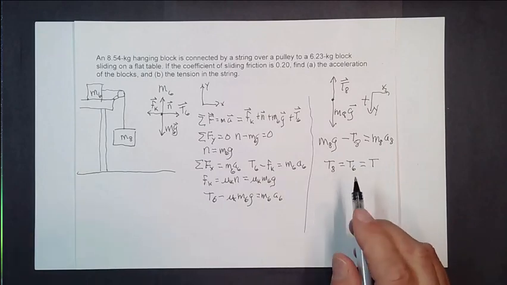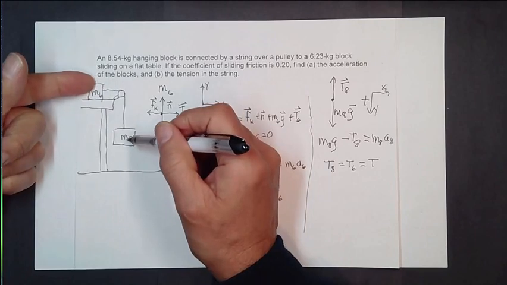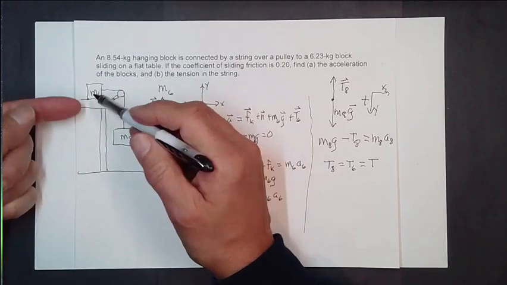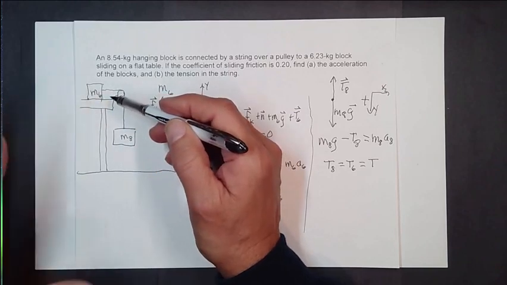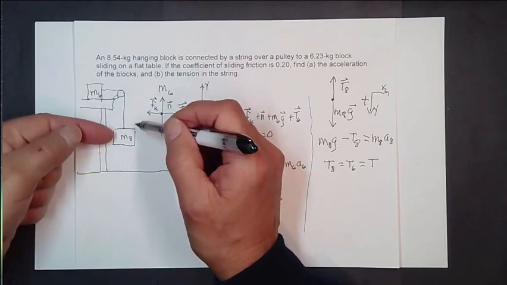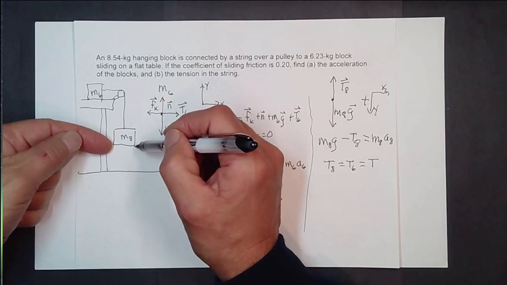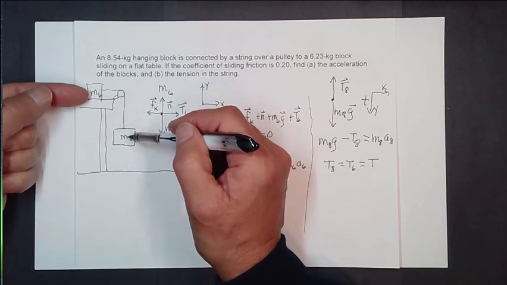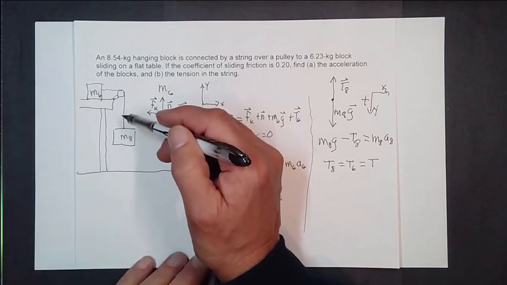And then something else is, these two things are tied together by a cord. So if this one moves a centimeter downward, this one will move a centimeter to the right. And they're tied together so they both have the same acceleration.